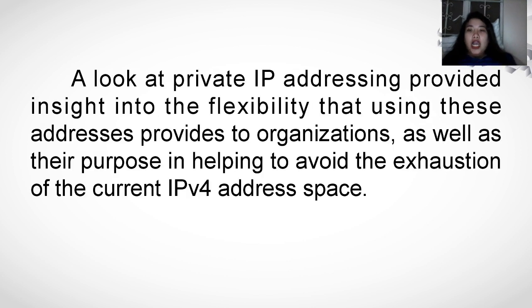A look at private IP addressing provided insight into the flexibility that using these addresses provides to organizations, as well as their purpose in helping to avoid the exhaustion of the current IPv4 address space. The special subnet mask associated with the three private ranges were also examined, along with the ranges of addresses that each supports.